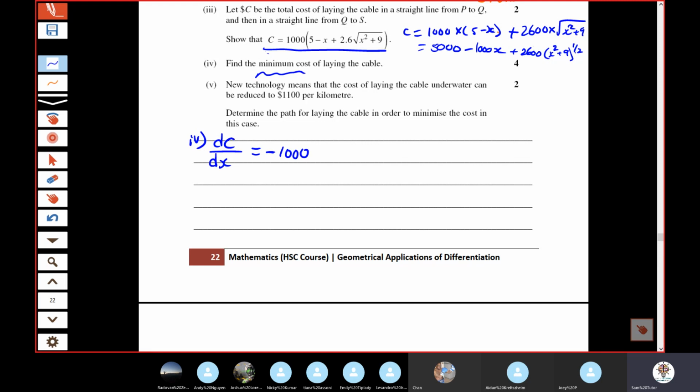This guy here, you bring the half down, you go to the power of negative half times the derivative of the inside. Anyone have any questions? Just have a read of that first line. Joe, are you okay with that chain rule there and everything? Yep. Cool. Nice and easy.